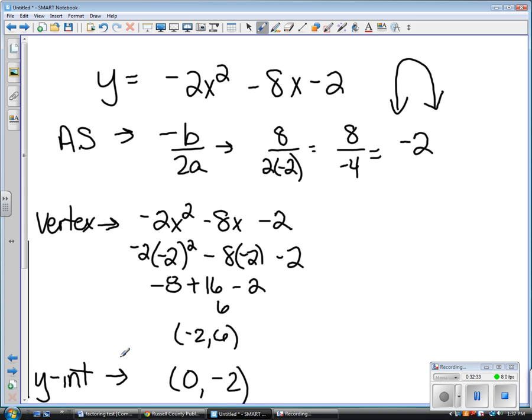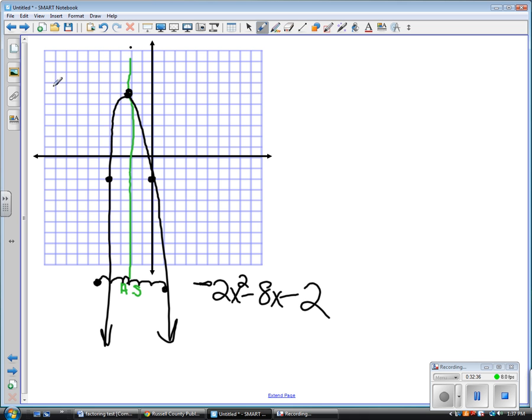So let me ask a question. If I ask you if this had a minimum point or a maximum point, what are you going to tell me? Is this point, you're going to look at your vertex, is that the highest point or the lowest point in the graph? It's the highest. So this is going to be a max point.